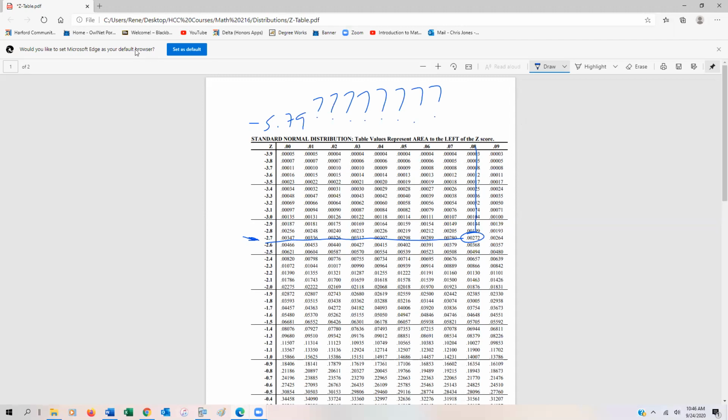Let me erase this so we can write it down. If you want to write this on your table, you're certainly welcome to. In fact, it might be a good thing for you to note.